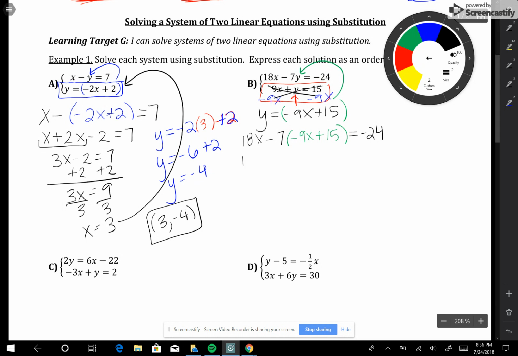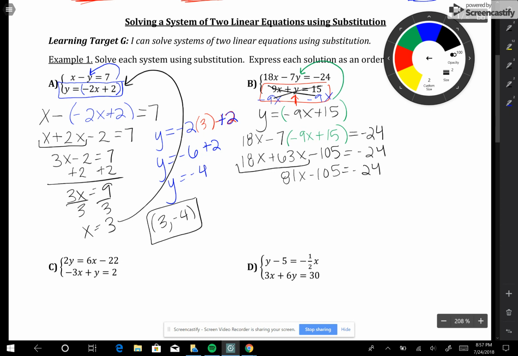I will distribute this negative 7. Negative 7 times a negative 9 is a positive 63x. Negative 7 times 15, I used my calculator, I got negative 105. That equals negative 24. When I add 18x plus 63x, that gives me 81x minus 105 equals negative 24.